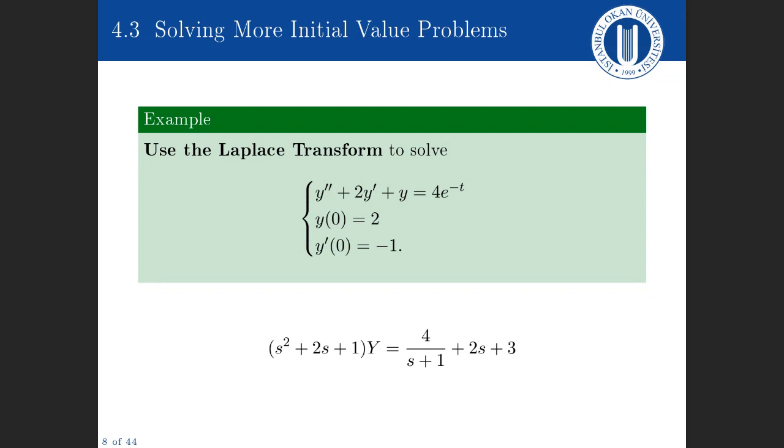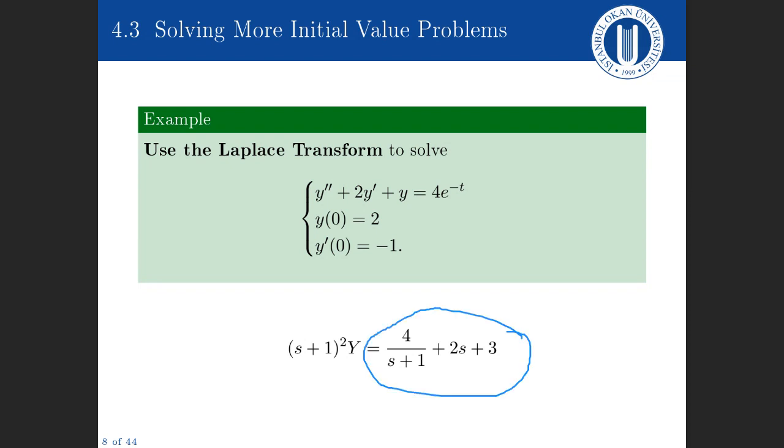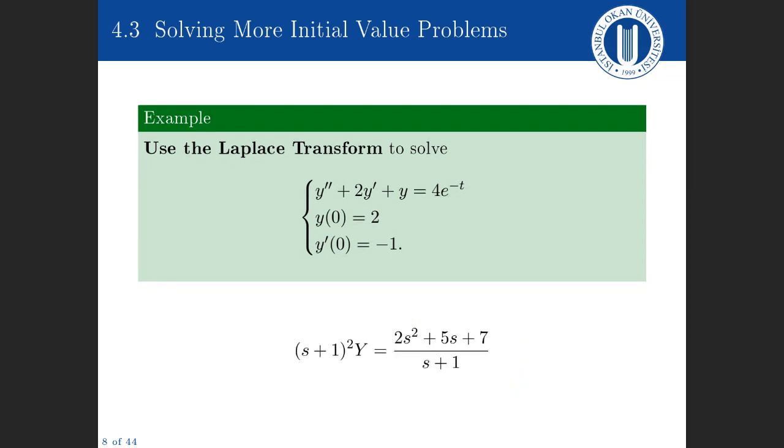I'm going to factorize s squared plus 2s plus 1. And I'm going to put the whole of the right-hand side over the same denominator. And then I'm going to take the s plus 1 squared and move it over to the right.